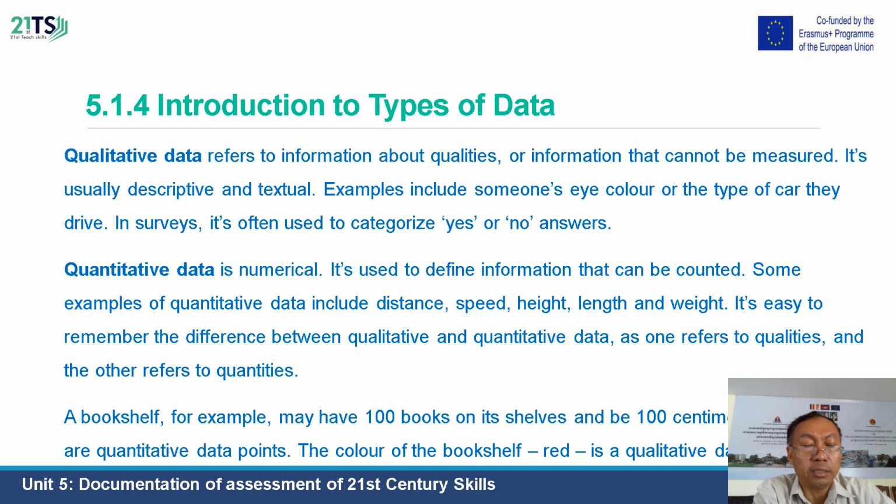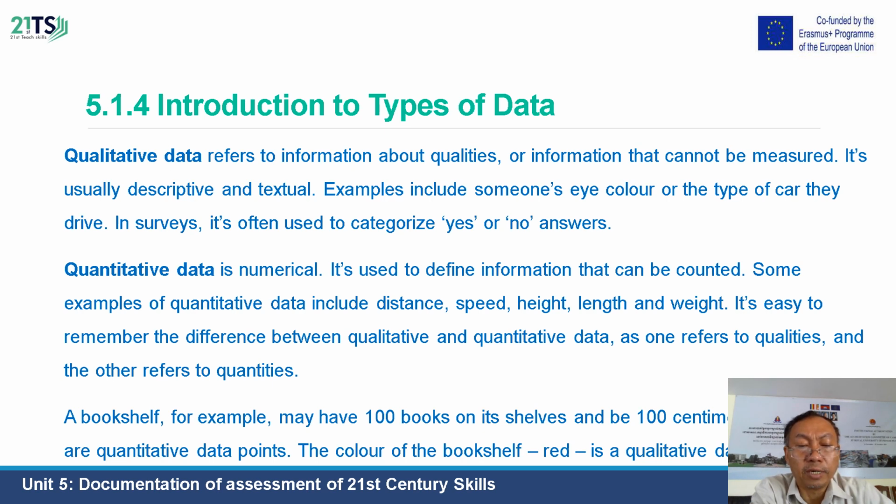Quantitative data is numerical. It's used to define information that can be counted. Some examples of quantitative data include distance, speeds, heights, lengths, and weights. It's easy to remember the difference between qualitative and quantitative data, as one refers to qualities and the other refers to quantities.